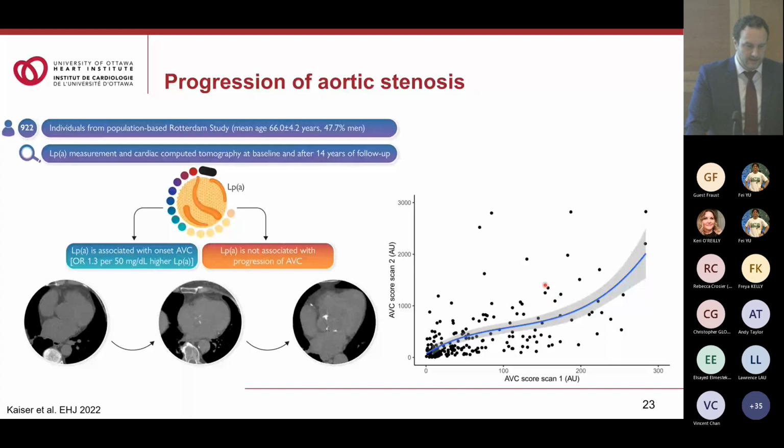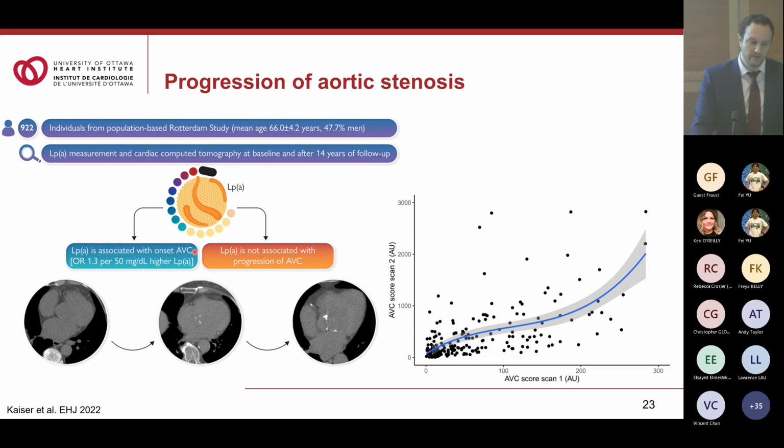Recently, in the last year, lipoprotein(a) has also been studied in terms of its impact on progression and whether it would have a predictive value for progression. It was found that it is not associated with progression of aortic valve calcification, but it is a predictor of onset of aortic valve calcification, and that's further data towards our model of the pathophysiology with the initiation phase.